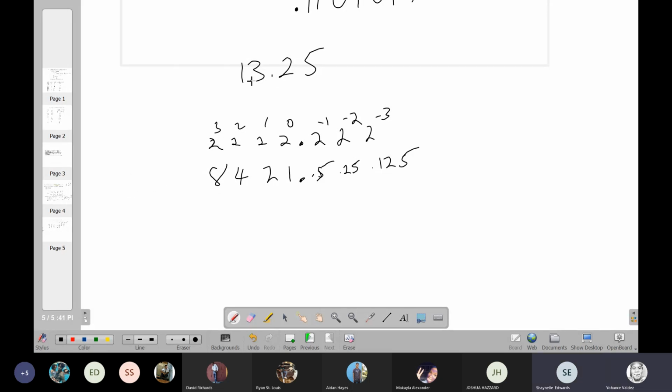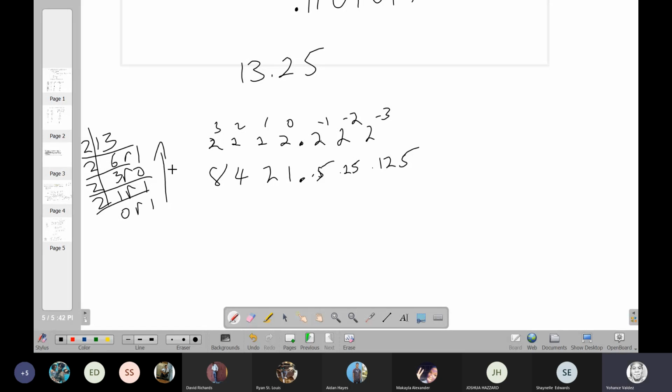Yes, sir. We take the number on this side of the floating point, 13, and we break it down into binary. So 13 in binary is going to give us, right? We could do it the other way too, 13, and you could keep on dividing by 2. 2 into 13 is 6, remainder 1. 2 into 6 is 3, remainder 0. 2 into 3 is 1, remainder 1. 2 into 1 is 0, remainder 1.